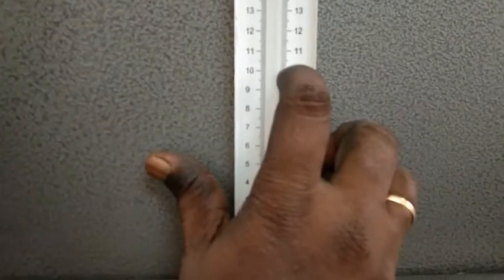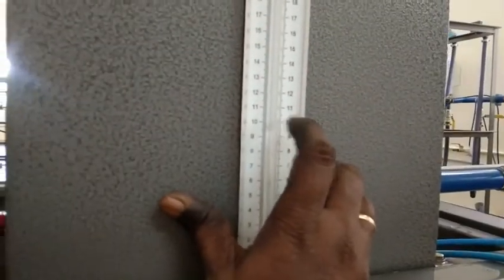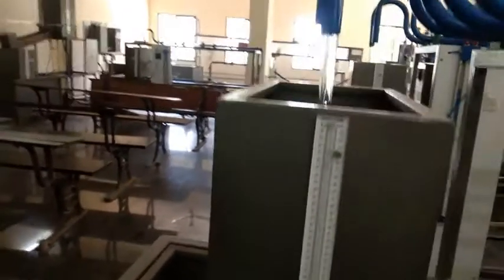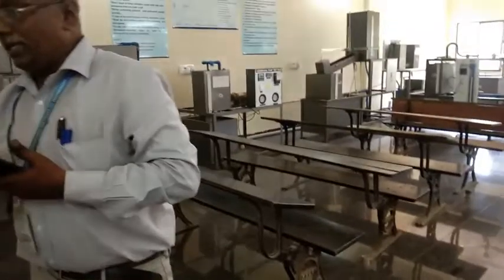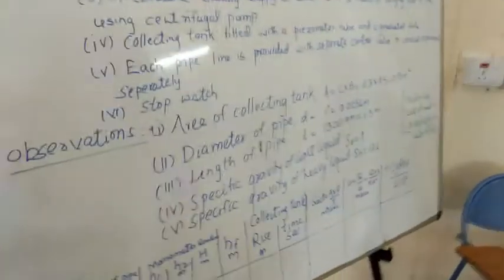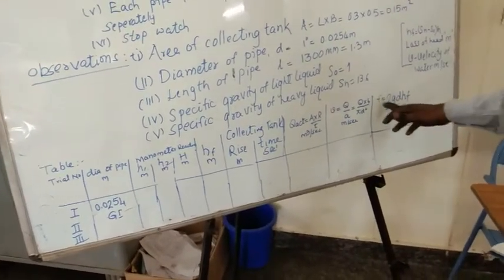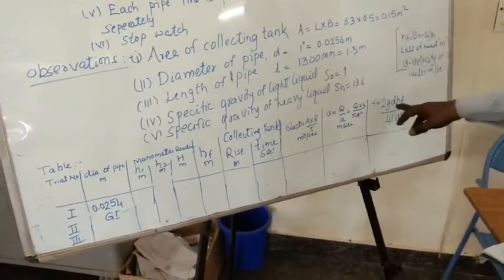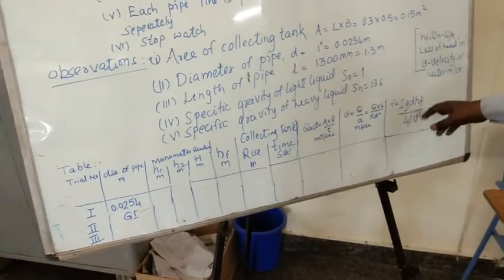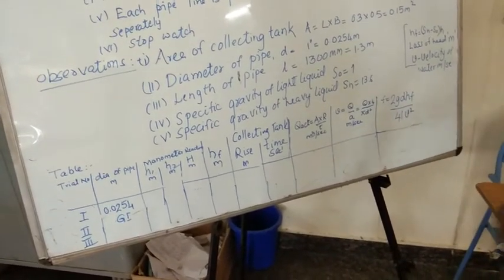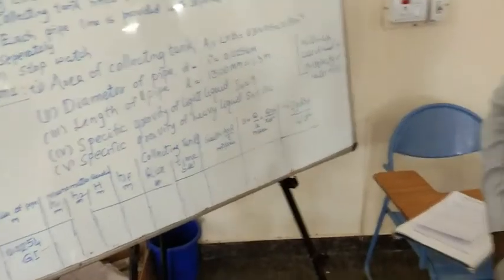Then we can calculate the actual discharge, and then the velocity. Then we can calculate the friction factor using the equation f equals 2gdh_f divided by 4LV squared. Okay, thank you.